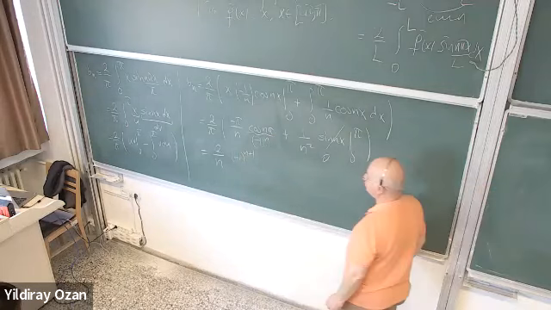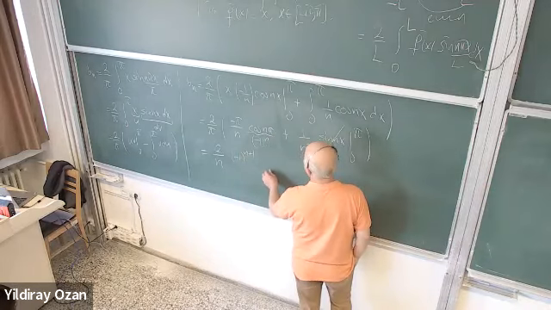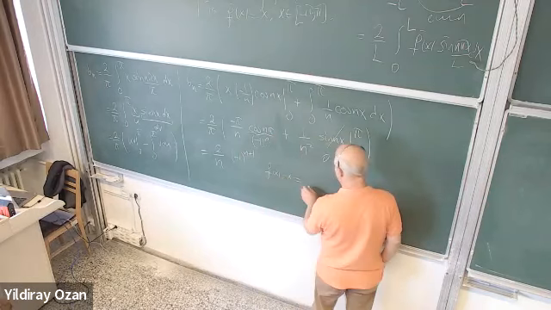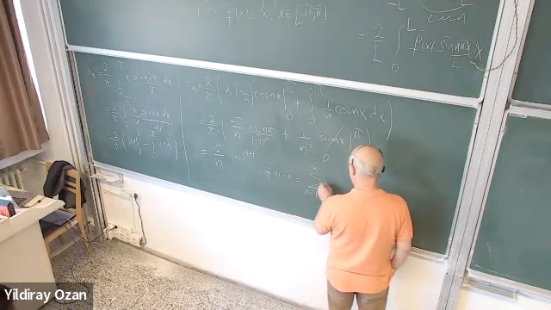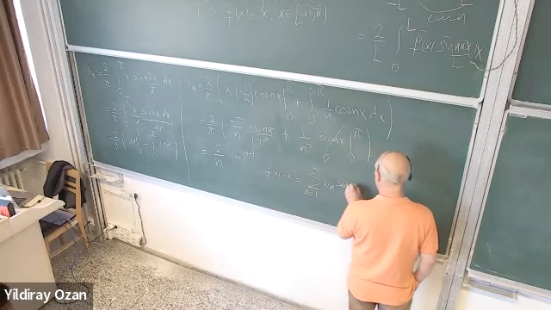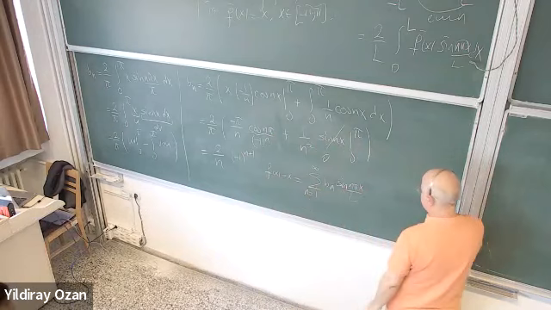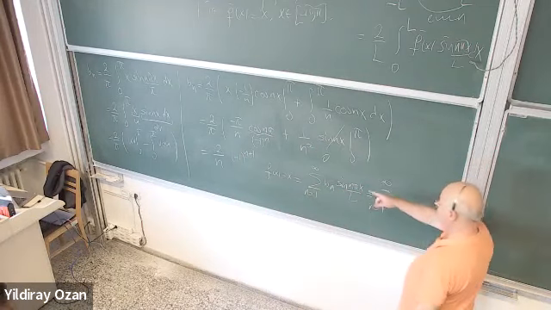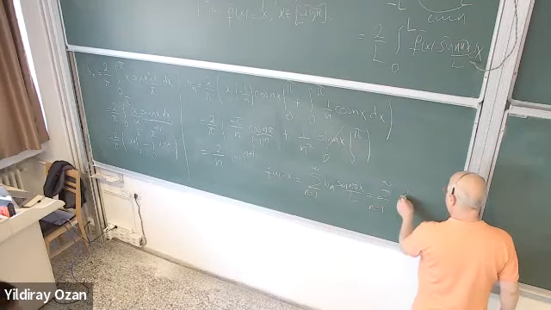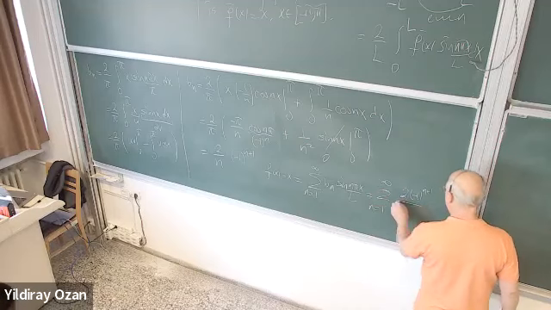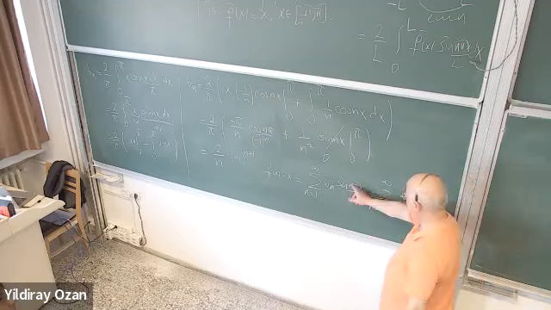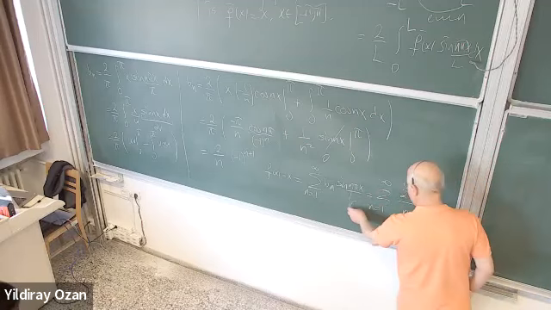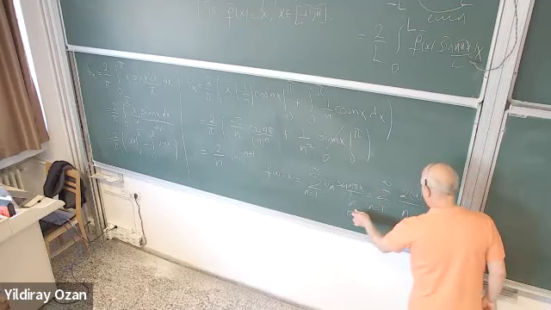Therefore, the sine series of f of x, which is just x, is just what? N from 1 to infinity, Bn sine n pi x over L. L is just pi, so we get n from 1 to infinity, where Bn is just 2 times minus 1 to the power n plus 1 over n, and then sine nx.